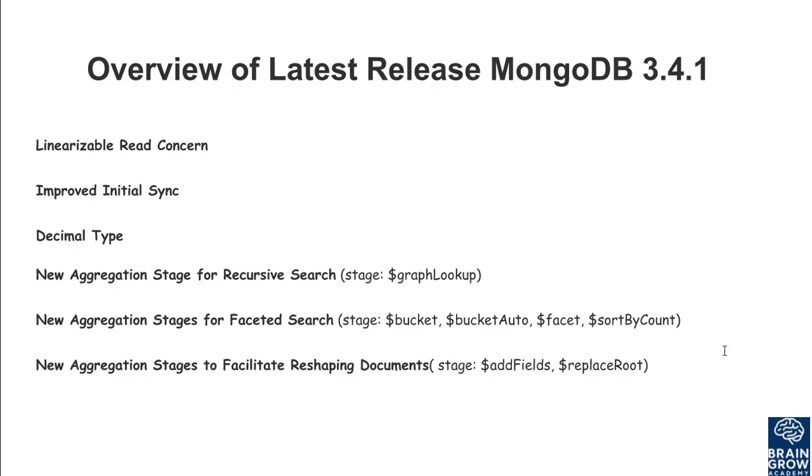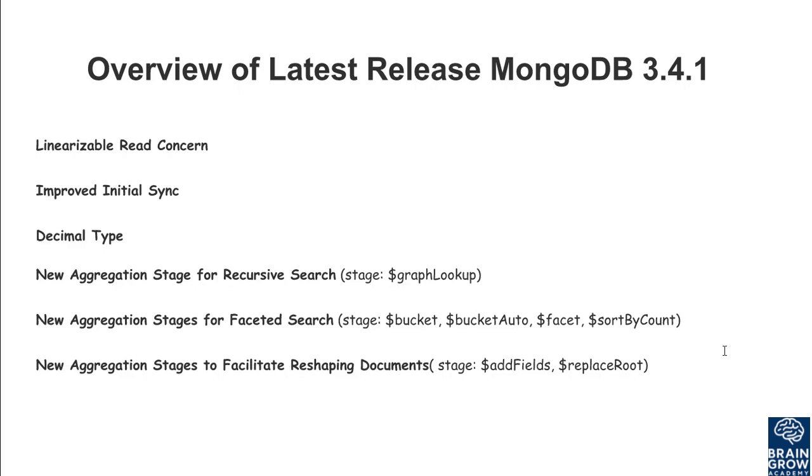Then the next thing is, in the aggregation framework a lot of changes have been introduced in this release 3.4.1. So let's see one by one what those aggregation changes are. The first one is a new aggregation stage for recursive search.